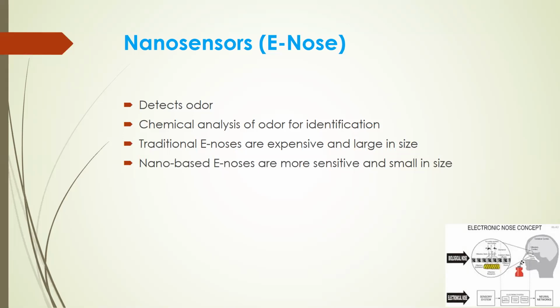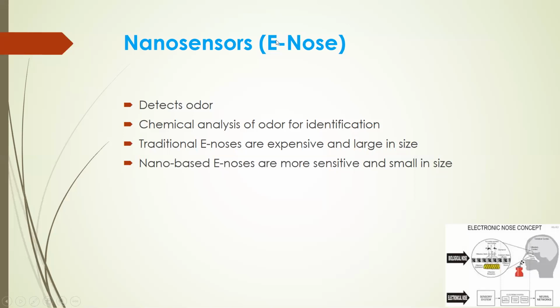It can detect the odor in very small amounts, and then it can do a chemical analysis of the odor for the identification of biological contamination. This means it will not only detect, it will also analyze the chemistry of the odor and ultimately inform us about the particular contaminant present in the large food lots.